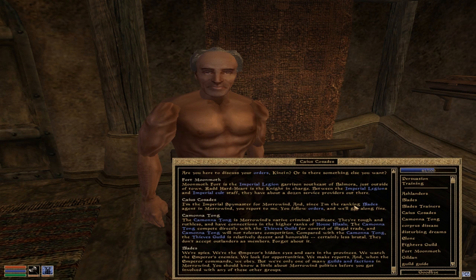We are spies. We are the Emperor's hidden eyes and ears in the province. We watch the Emperor's enemies. We look for opportunities. We make reports. And when the Emperor commands, we obey. But we are only one of many guilds and factions in Morrowind. You should know a little about Morrowind politics before you get involved with any of these other groups, guilds and factions.